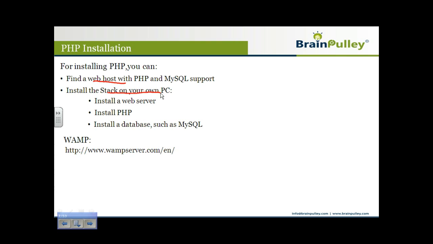You can either manually install a web server. With Windows professional versions, IIS comes by default, so you can have that web server and install PHP on it. PHP is available as a standalone package. If you have a Linux system, you will get Apache already installed. If you have a Windows system, you will get IIS already installed.